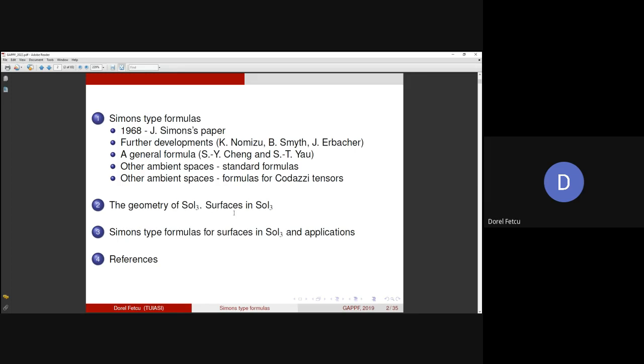Finally, the last part of the talk is about these new Simon's type formulas in the solve space, and I will present two new formulas of this type and also some pretty straightforward applications of these formulas. These applications are gap and non-existence results for closed CMC surfaces in solve.